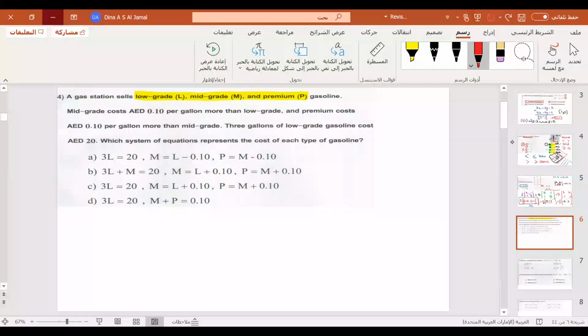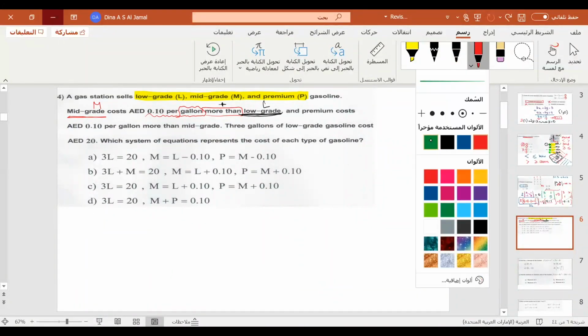Pay attention to this. You are having 3 variables. First of all, mid-grade. It will cost 0.1 per gallon more than, which is the addition, the low grade, which is L. So from now, let's start to understand the relationship.